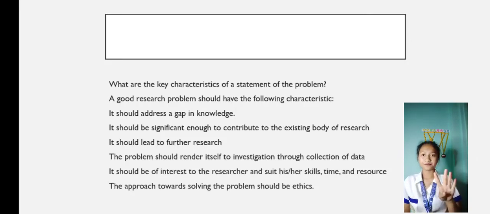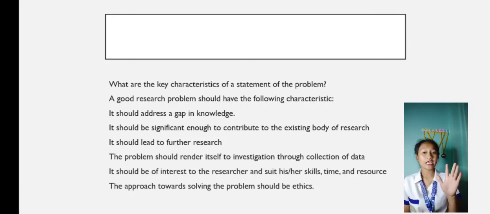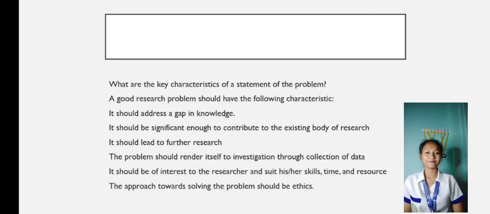Number 4, the problem should lend itself to investigation through collection of data. Number 5, it should be of interest to the researcher and suit his or her skills, time, and resources. And number 6, the approach towards solving the problem should be ethical.